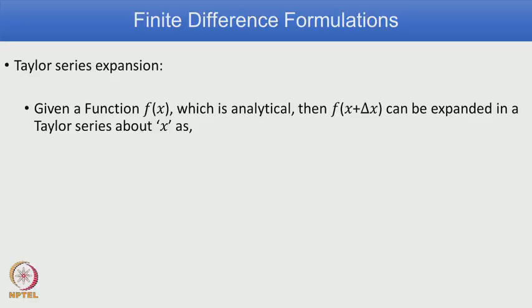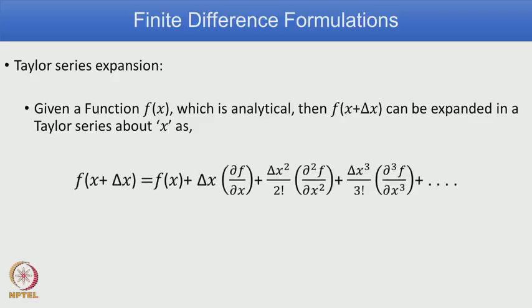If you are given a function f of x, the function can be expanded, say in this case with respect to delta x in the positive direction, and it is given by this formula: f of x plus delta x equals f of x plus delta x into dou f by dou x plus delta x squared by 2 factorial dou squared f by dou x squared plus delta x cubed by 3 factorial dou cubed f by dou x cubed plus, and it goes on with many other higher order derivative terms.